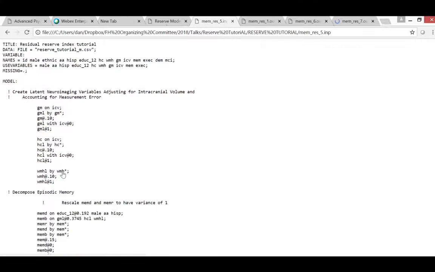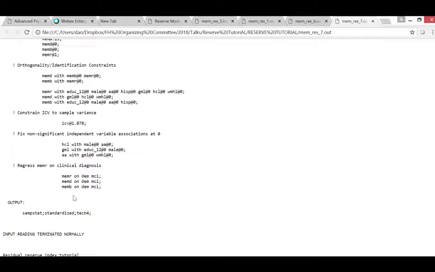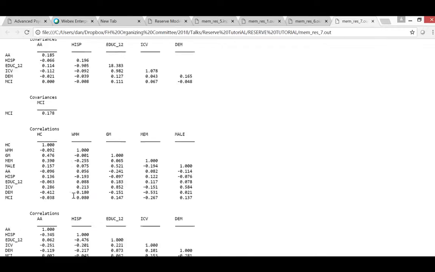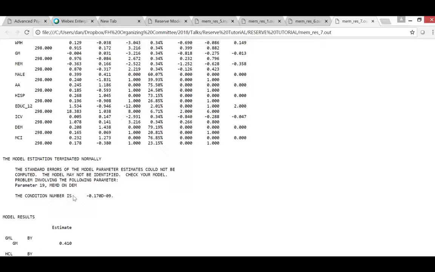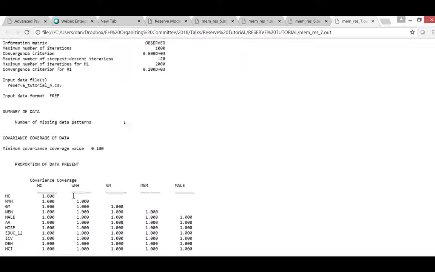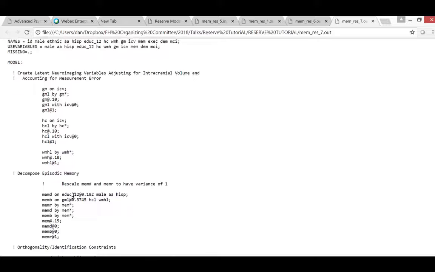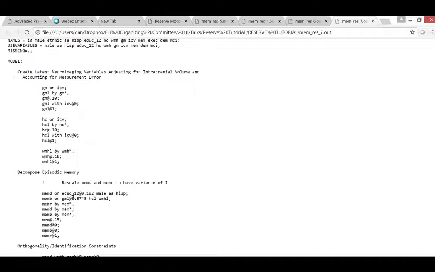Now, the last thing I want to show you is what happens if I include MEMD and MEMB in this, and so I'm regressing those on these two diagnosis variables. Okay, let's see what this looks like. Bad stuff. So the model basically blows up.